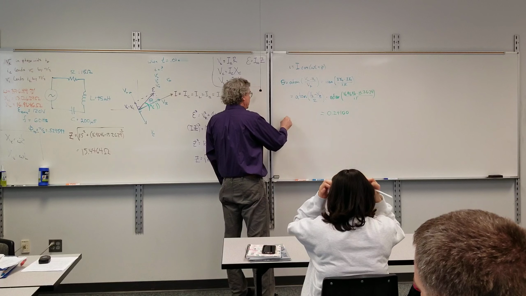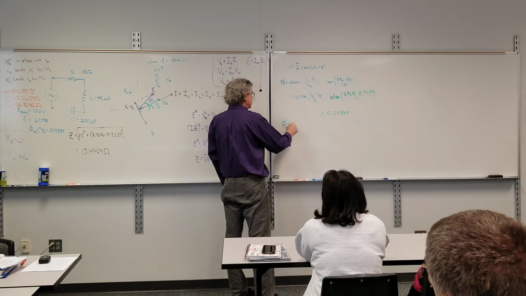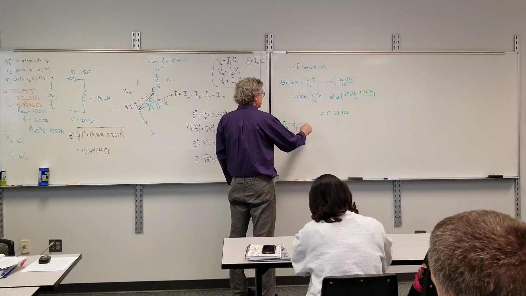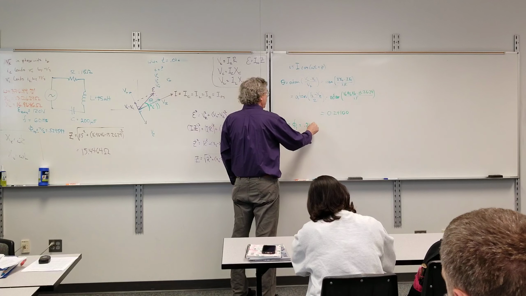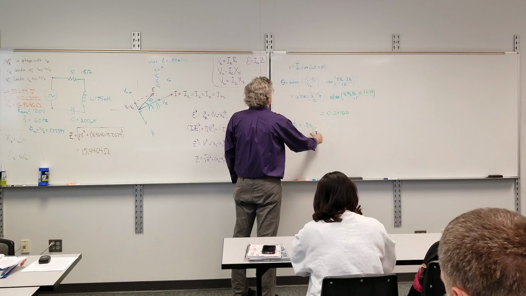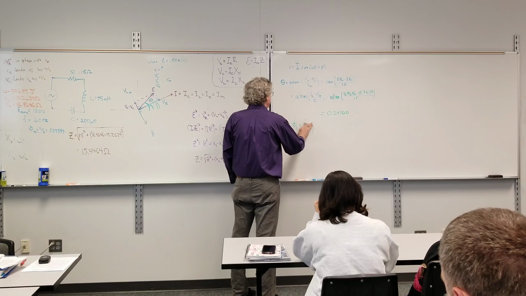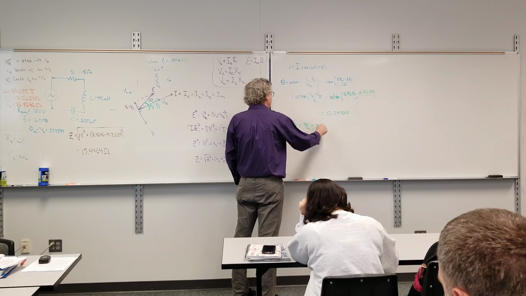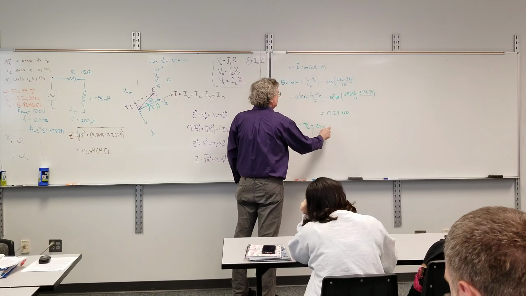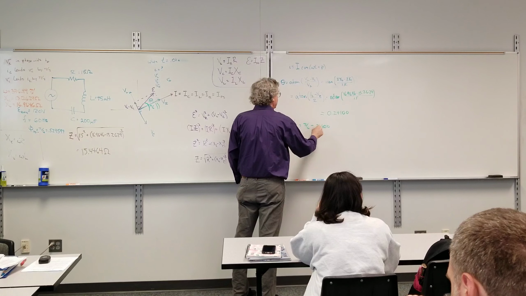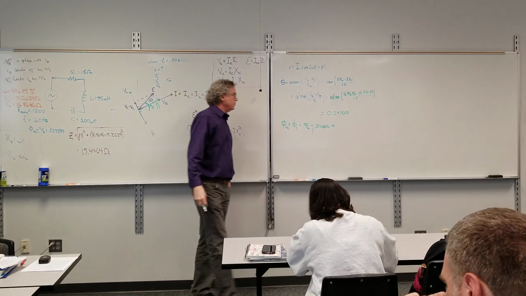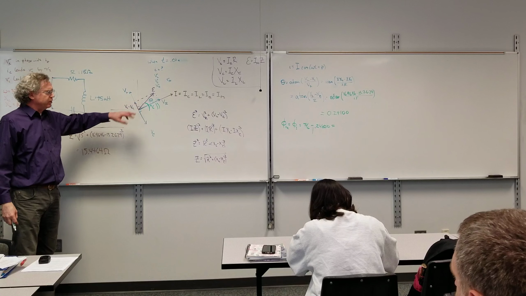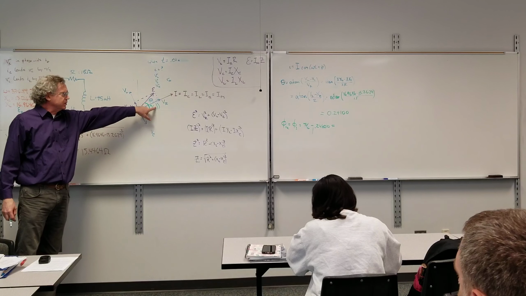So phi for VR, which is the same phi for all of the currents, is pi over 6 minus 0.2410, I might have said something backwards, but it's pi over 6 minus phi 1, which gives me this angle.